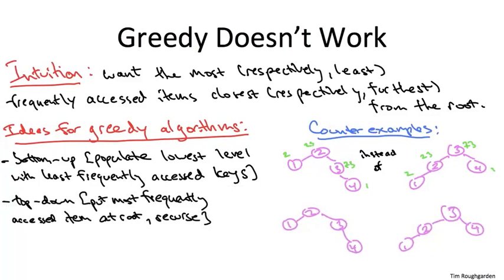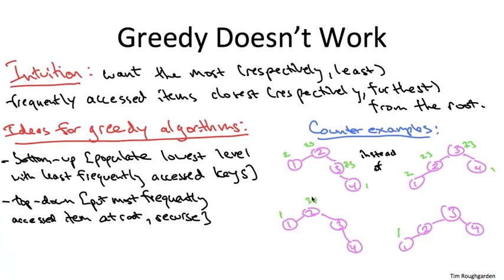So let me show you again informally just the same kind of counterexample. We're going to use the exact same 4 objects, the exact same 2 trees. I will, however, change the numbers. Now let's imagine that object 1 is searched for almost never, just 1% of the time, and each of the other 3 objects are searched for roughly a third of the time each. But let me break ties so that object number 2 is the one searched for most frequently, 34%.